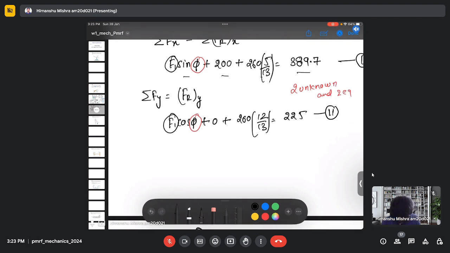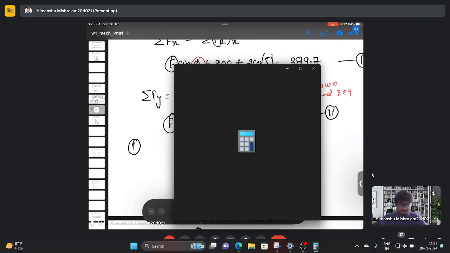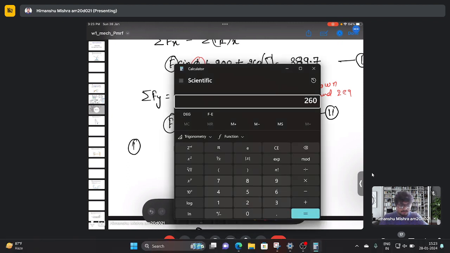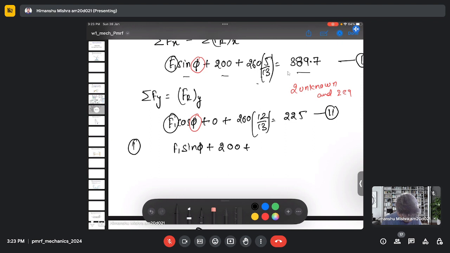So now let's take equation 1, and we have F1 sine phi plus 200 plus 260 divided by 5. It will be 100. So this quantity will give me 100 here.